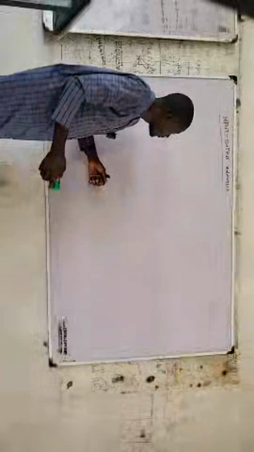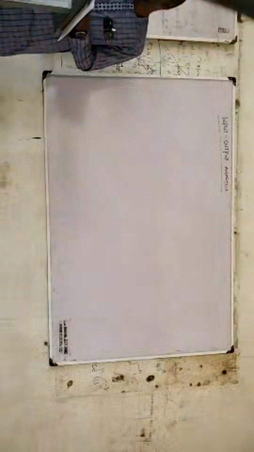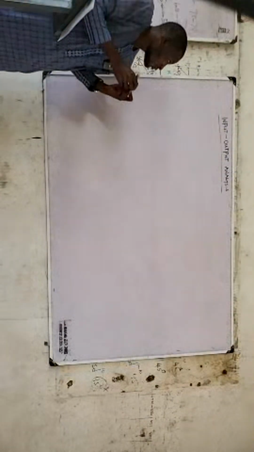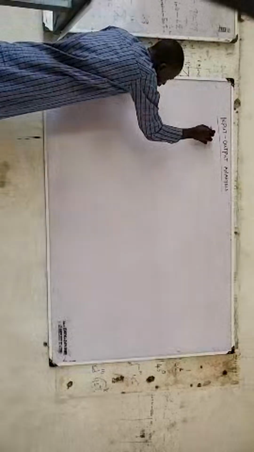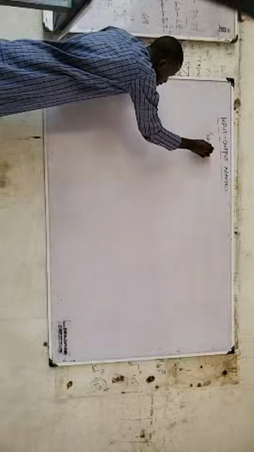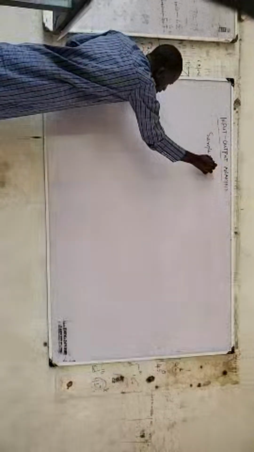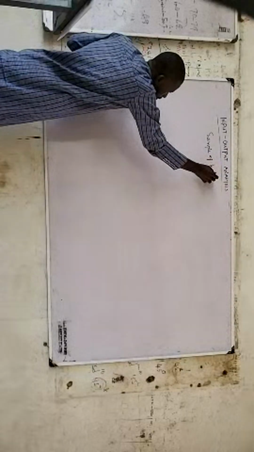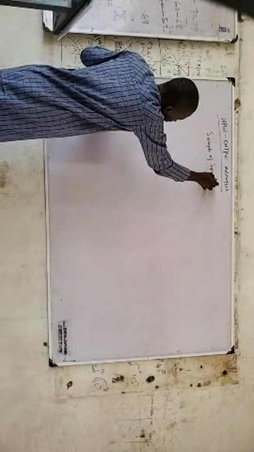So let's take a sample of the input output table. Yeah, it's all an example.